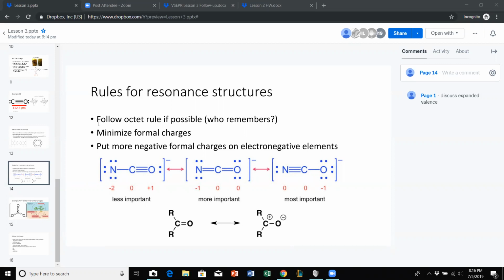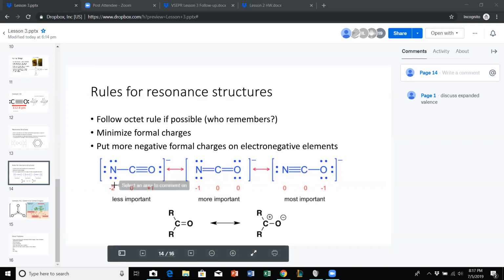For example, the example I have here is the cyanate ion. Cyanate, C-Y-A-N-A-T-E. There are 3 major resonance structures for the cyanate ion. Do all of these obey the octet rule? What do you think?